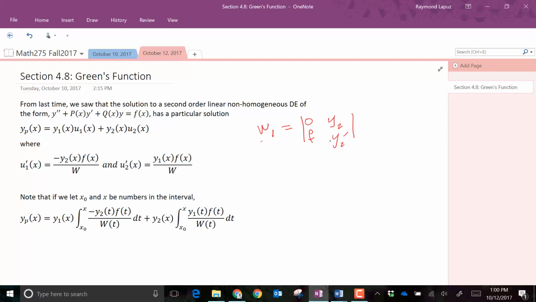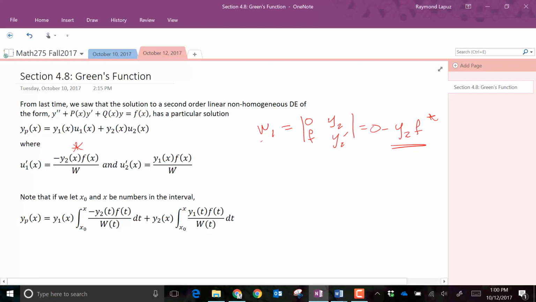And then when we find the determinant of that, we're going to get 0 minus y2 times f of x. And this is exactly what goes in your numerator for u1 prime. And so, like I said, this is just a streamlining process.